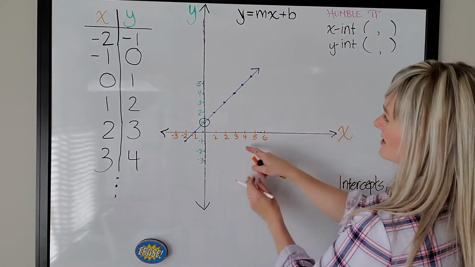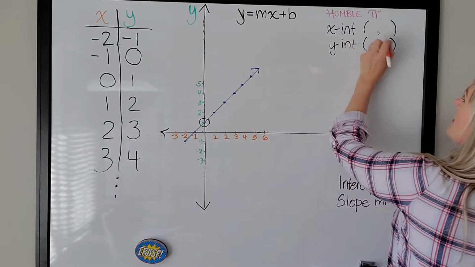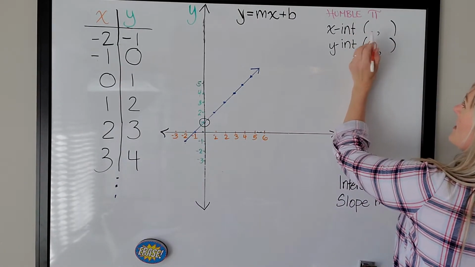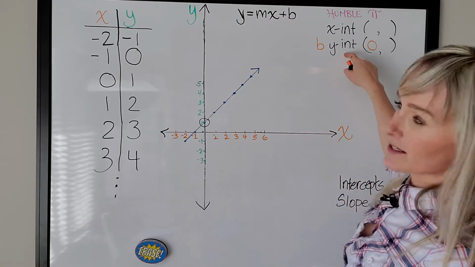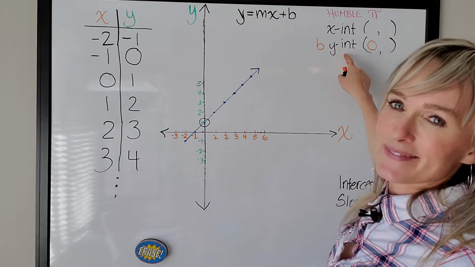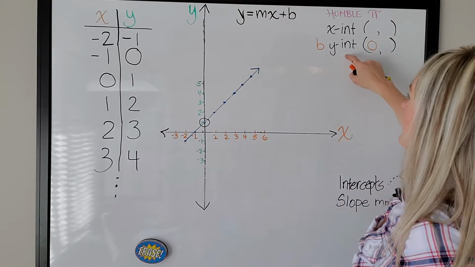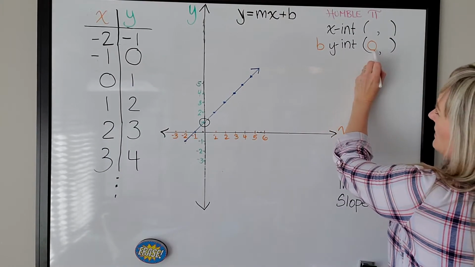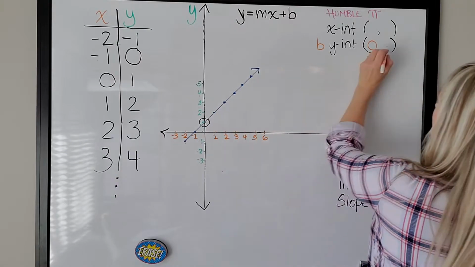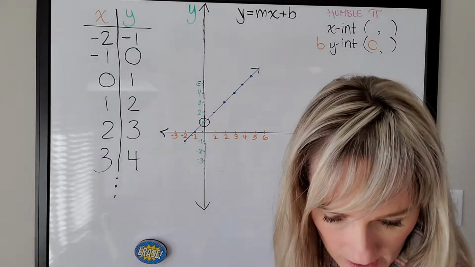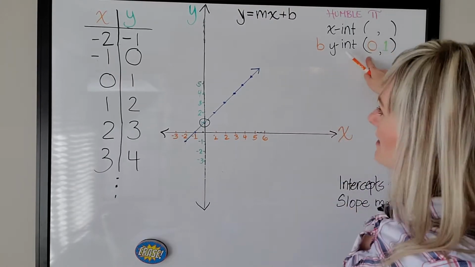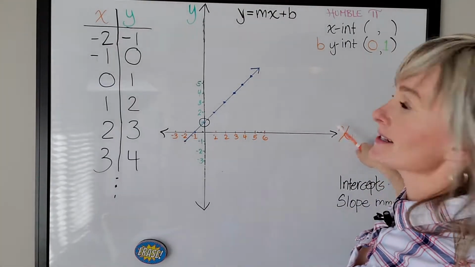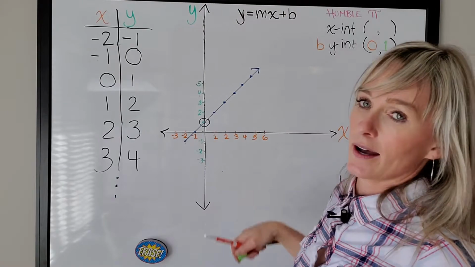Okay, so on the X-axis, it's for the Y-intercept, which is also called B, the Y-intercept, because, I don't know why they use B. 0 and 1. And I'm going to use green to put the 1, so it's really clear that the orange is X and the green is Y.